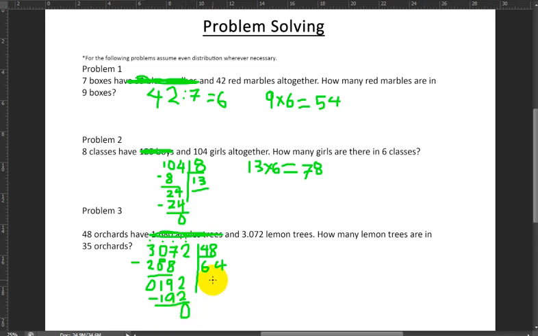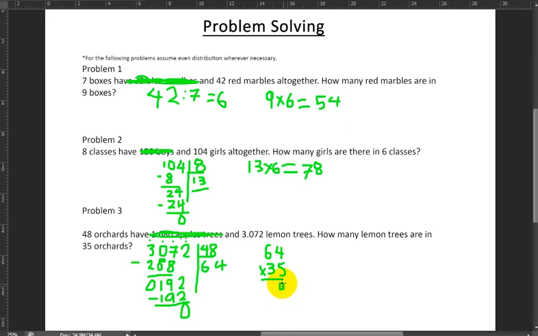So, am I done? No, because this is how many lemon trees are in one orchard. I need to find how many are in 35. So I'm going to do 64 times 35. Now this does need to be done vertically. 5 by 4 makes 20.